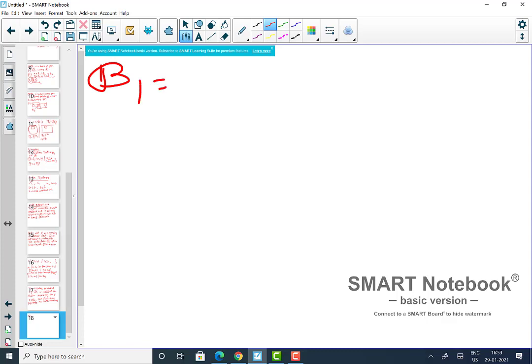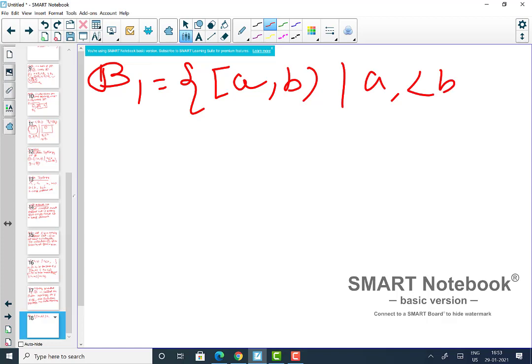So this is B1, and B1 is the collection of all intervals of the form half open, half closed: closed A, open B, where A is less than B and both are elements of R. Now you can check that this also forms a basis.